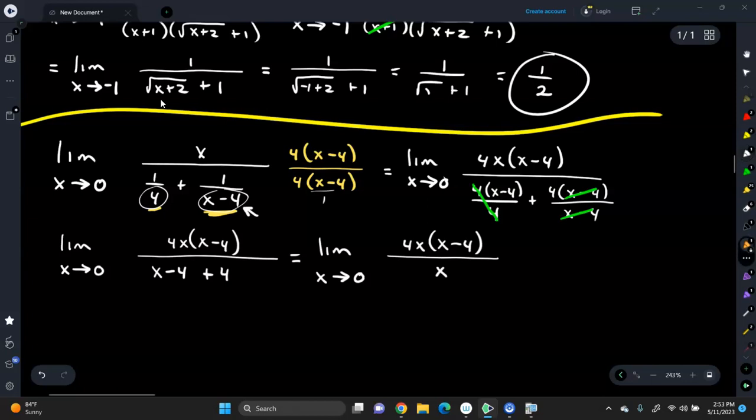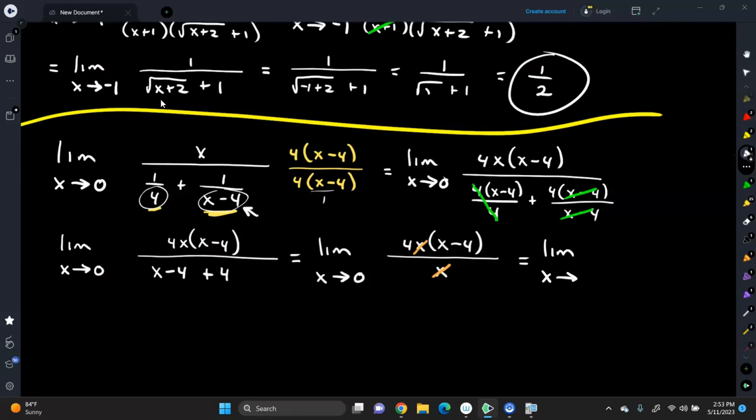Oh, but look, these x's are going to cancel. So now I'm left with the limit as x approaches 0 of 4 times x minus 4. And when I substitute 0 in there, I get negative 16. And that's my answer.